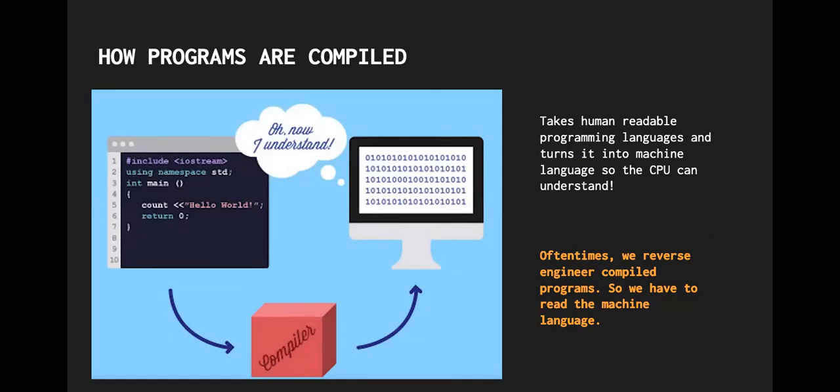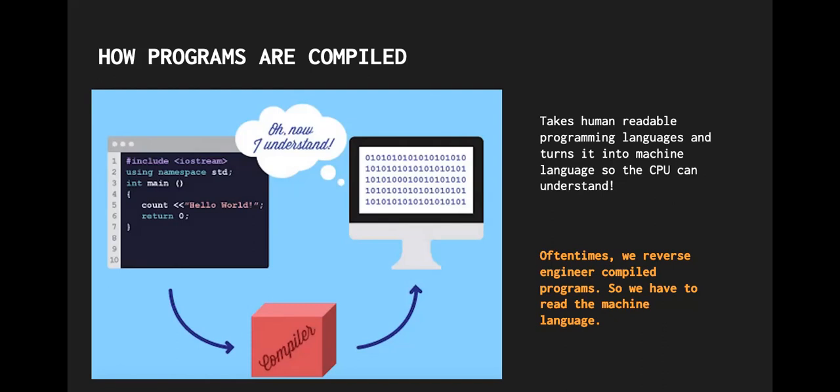And how that's being run on the CPU, or how your computer understands it, is it needs to be compiled down to this thing called machine language. Think of it as a bunch of ones and zeros, but it can also be represented in some human readable form that we'll get into later.